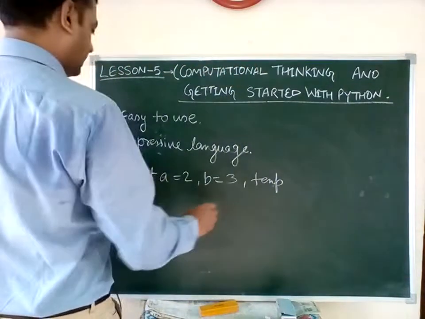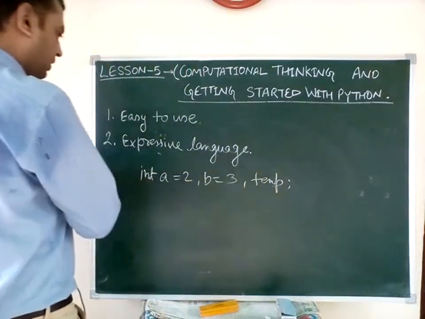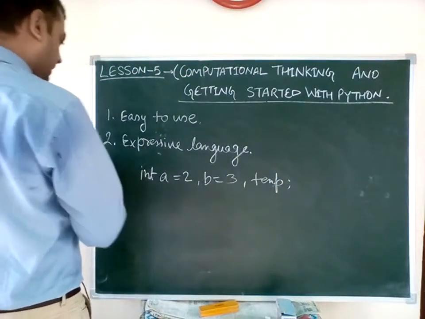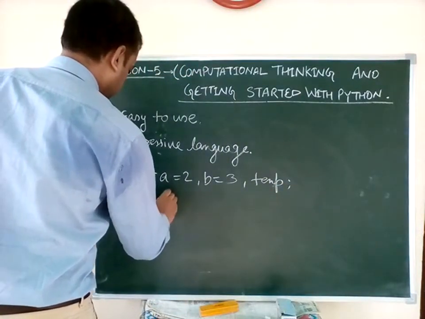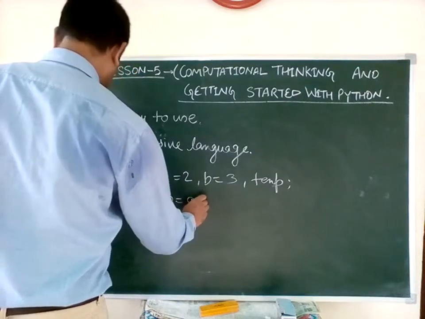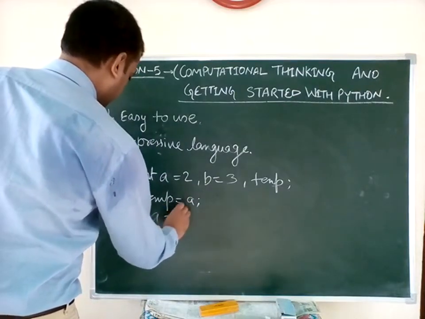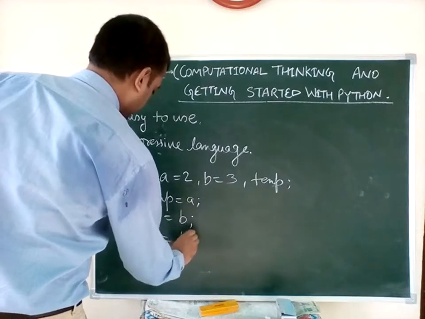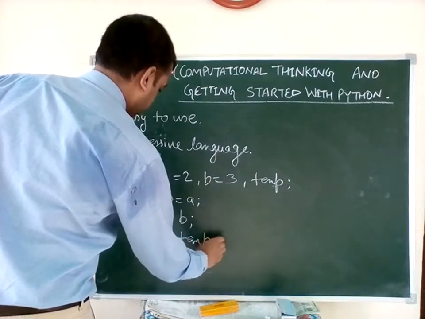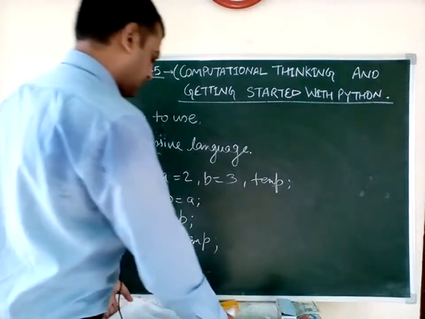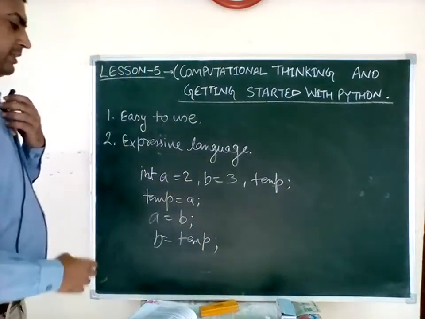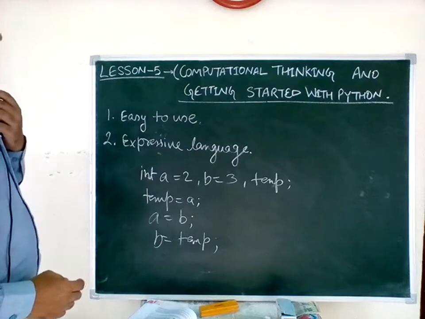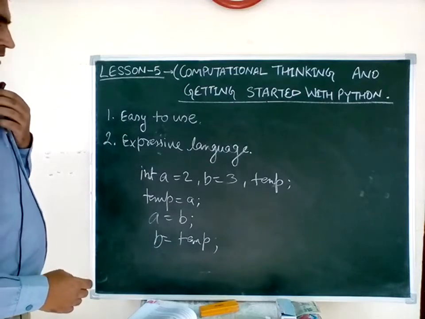Temp is a variable of integer type. Now temp is equal to a, a is equal to b, and b is equal to temp. This syntax you can use in Java and C++ both.